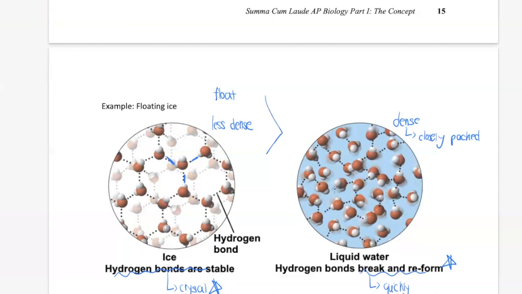Okay, so why is this important? Because ice floats during winter, let's say this is the lake. Only the upper part is ice because ice floats, right? This allows the life below to persist, right?